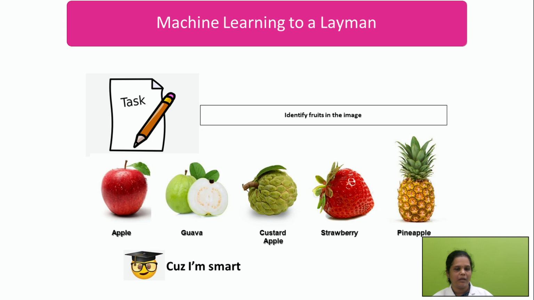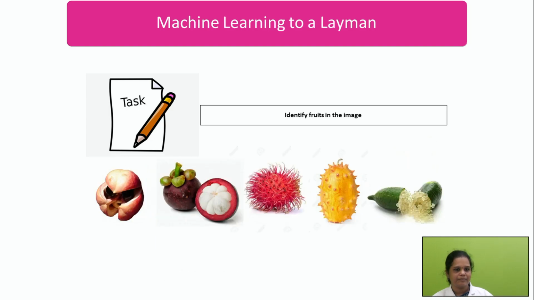Based upon the clarity of the image, its shape, and its color. Now the next set of fruits was given to the students, and since these fruits were very different for them, only a few were able to predict correctly.